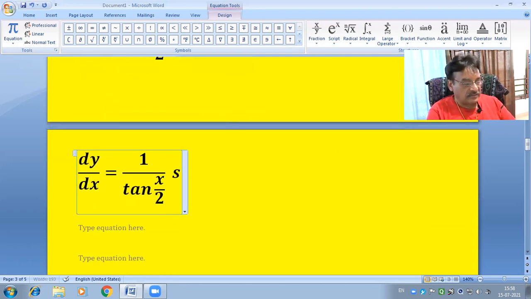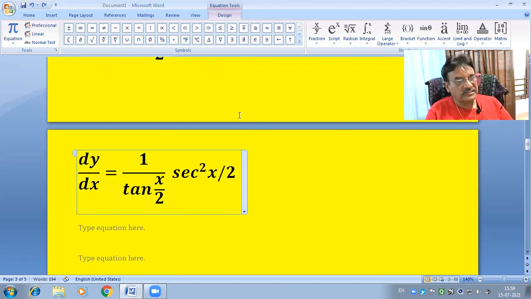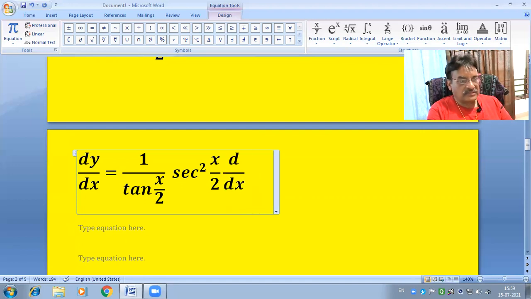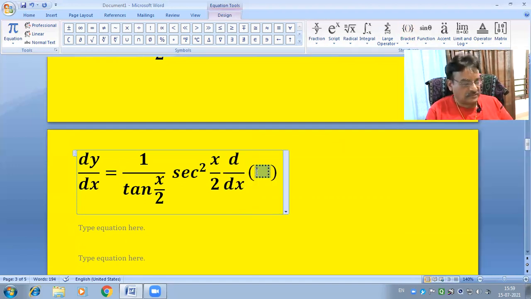So we write here sec square x by 2 into d/dx of x by 2.